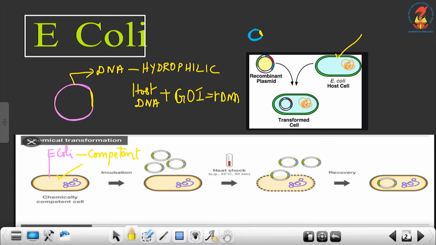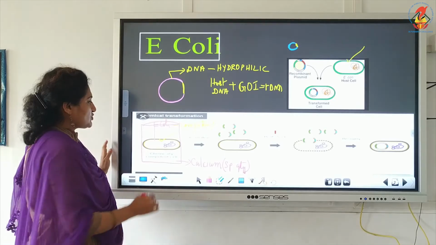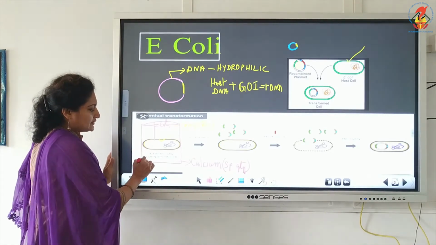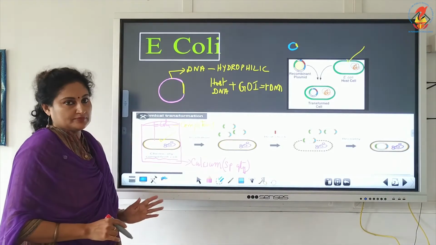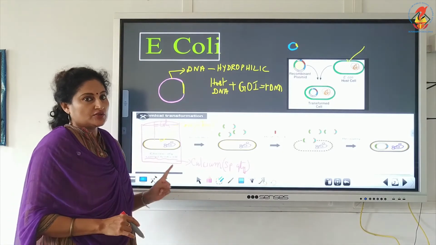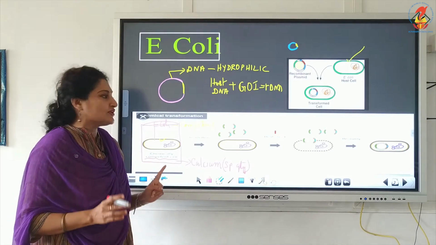First of all, the E. coli is treated with a specific quantity of divalent cations like calcium. The quantity is not mentioned, just a specific quantity. So, the E. coli alone is treated with calcium. The first step is treating the E. coli with a specific quantity of calcium.